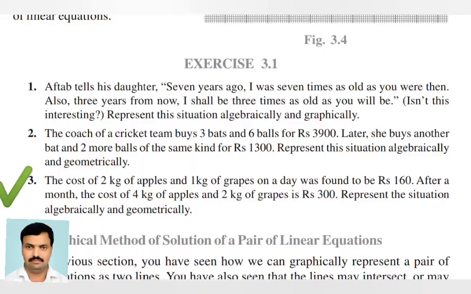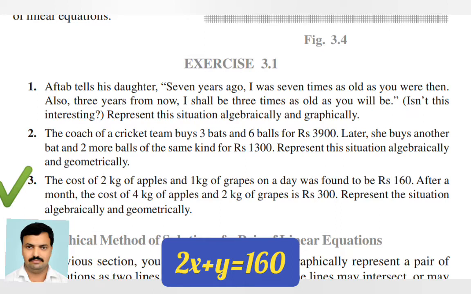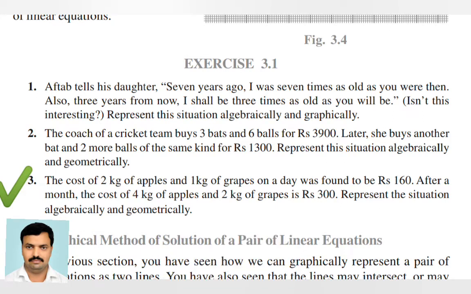Let us see one more question, that is, the cost of 2 kg apples and 1 kg grapes on a day was found to be rupees 160. So the equation for it is 2x plus y equals 160, like the first question. Similarly, the cost of 4 kg apples and 2 kg grapes equals rupees 300.